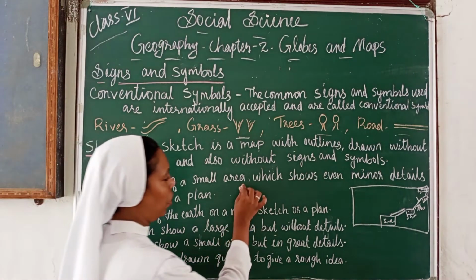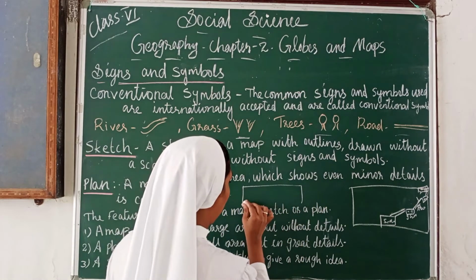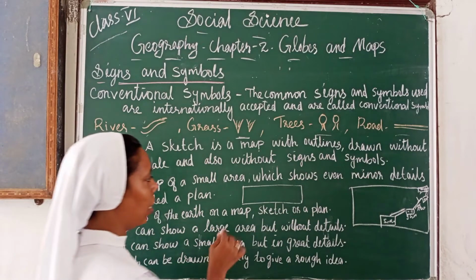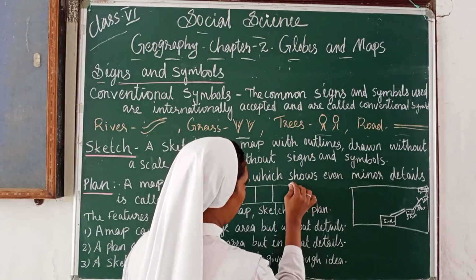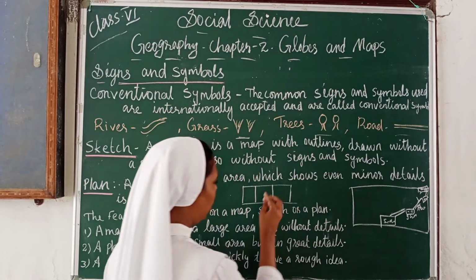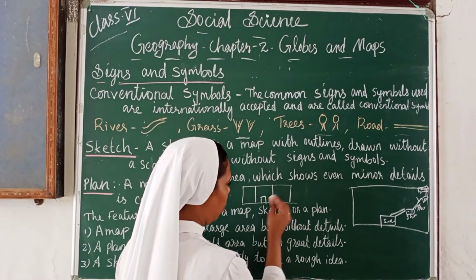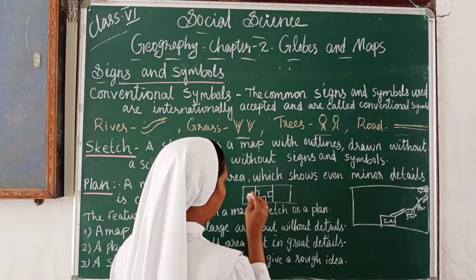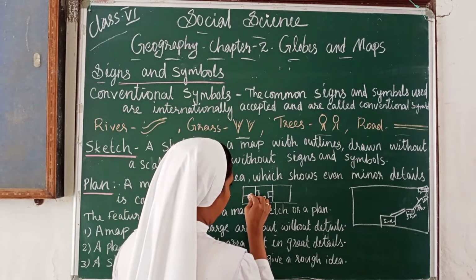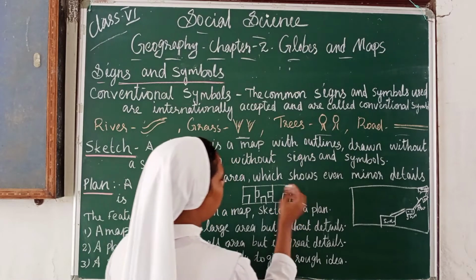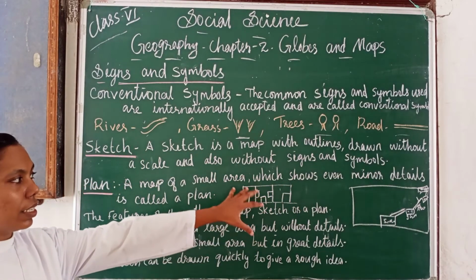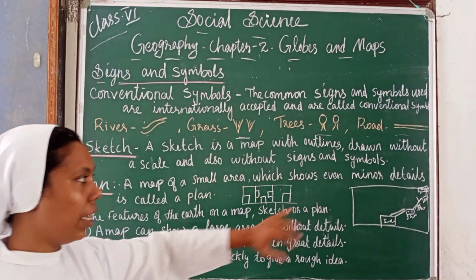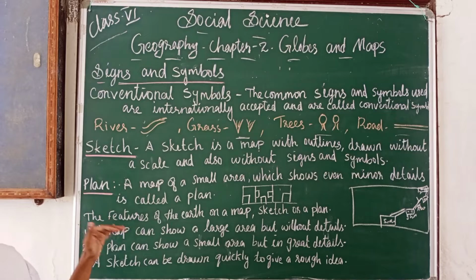If you take a house, we show all the minor details there: there are 3 rooms in the house, a door and 2 windows, and 1 table. All these minor details that we show, that is called the plan. A map of a small area which shows even minor details is called the plan.